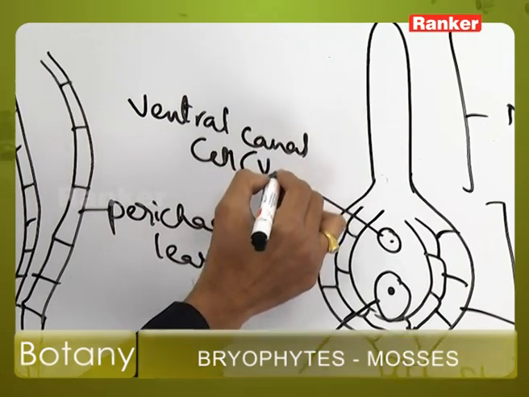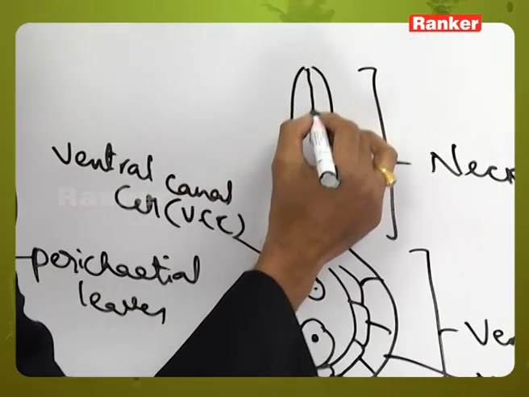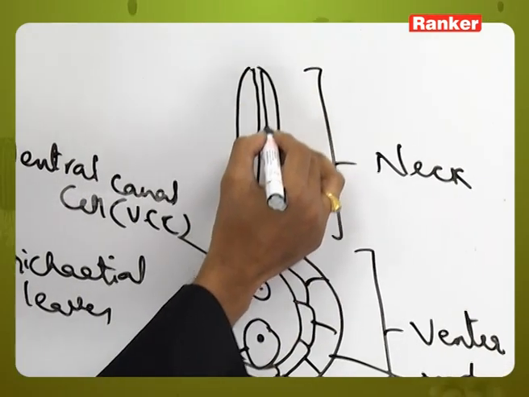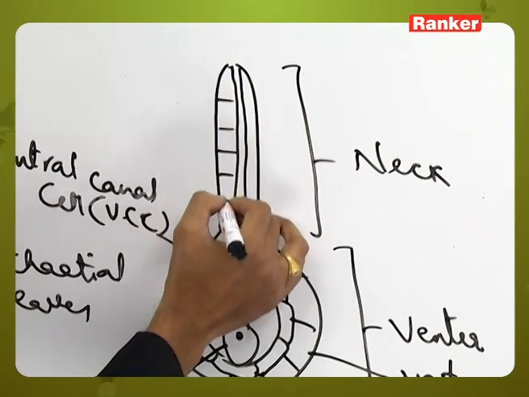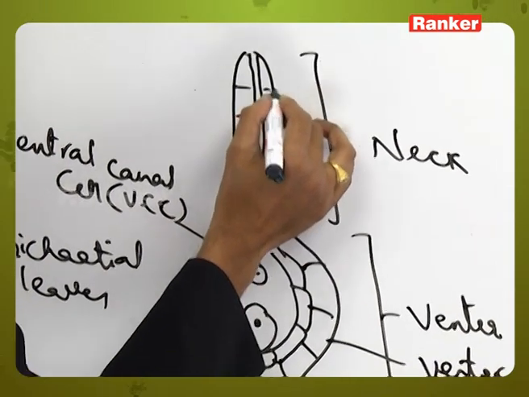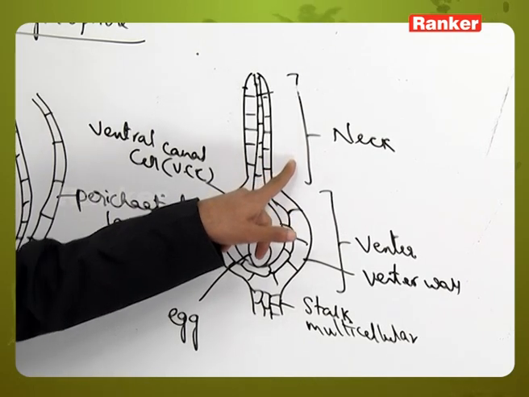or VCC, and above that we can see the long and elongated structure. This is called the neck. So the neck is surrounded by some protective jacket layers. Above the venter the long and elongated part is present, that is called the neck.